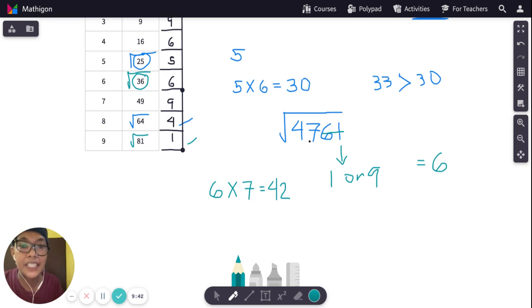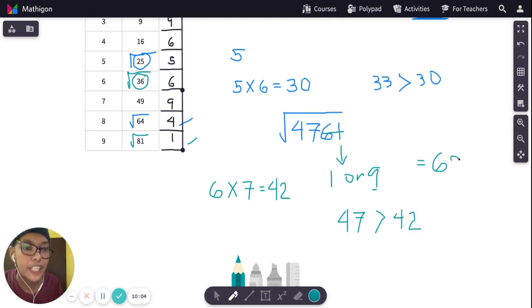So, 47 ngayon, tingnan nyo na, compare nyo yung 47 sa 42. So, from that, 47, okay, is greater than 42. So, ano pong gagamitin nyo sa 1 and 9? Yung mas mataas, kasi mas mataas yung 47 sa 42. So, ang gagamitin po nyo yung 9.